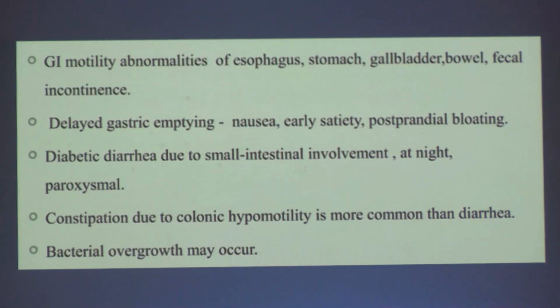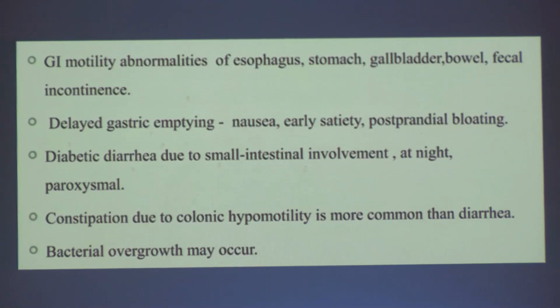GI motility abnormality producing certain disorders, and the GI motility disorder may involve the esophagus, stomach, gallbladder, intestine, and resultant fecal incontinence. Delayed gastric emptying or gastroparesis with the manifestations of nausea, early satiety, and postprandial or prandial bloating.